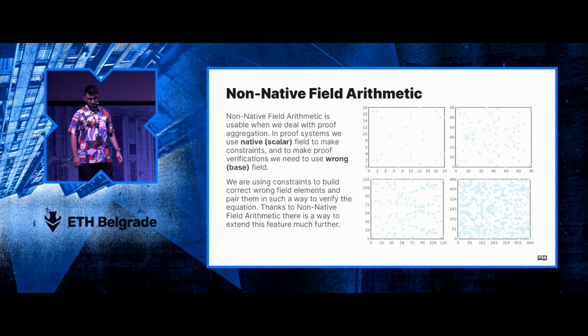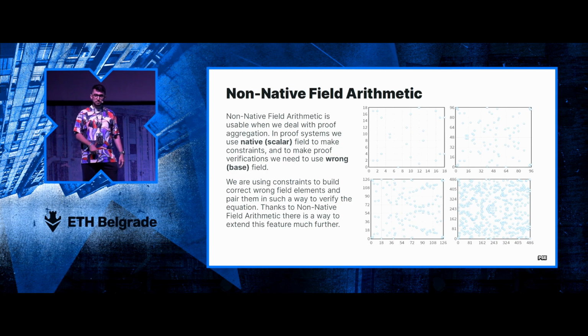Basically, this is usable when we deal with proof aggregation. When we want to deal with proof systems, we use the scalar field. And when we deal with group operations, we use the base field.